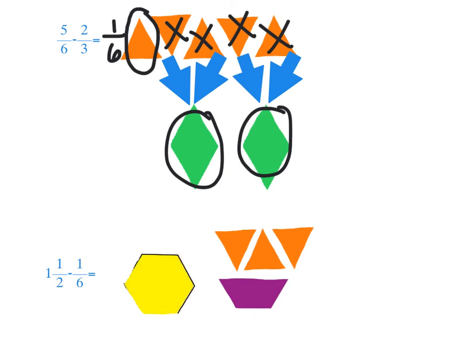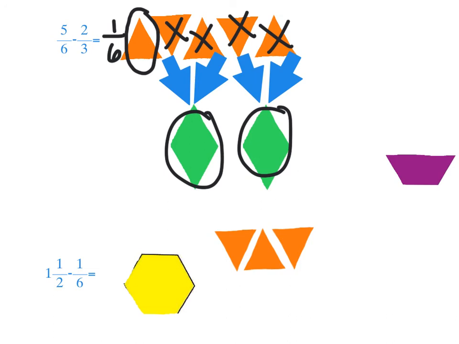So we're going to actually trade. Okay? So we're going to trade this trapezoid for the 3 triangles. So I am going to give my trapezoid to someone else, and I'm going to take these 3 triangles in a trade.